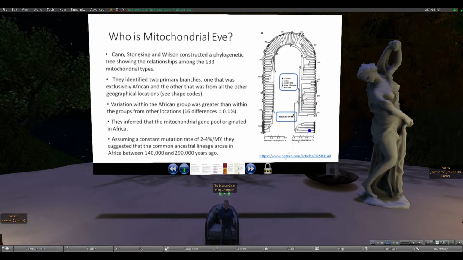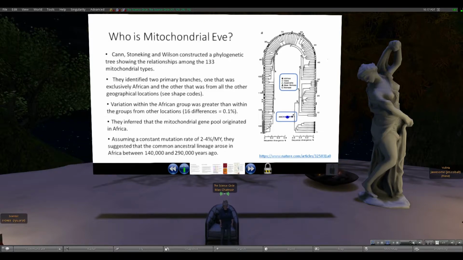And since the sequences within the African branch showed the most variation, and they had accumulated more mutations than any other group, Africa was considered to be the origin of the oldest group of mitochondria. And the mitochondrial ancestor, the common ancestor of all of the mitochondria, was placed at the midpoint between those two major branches.